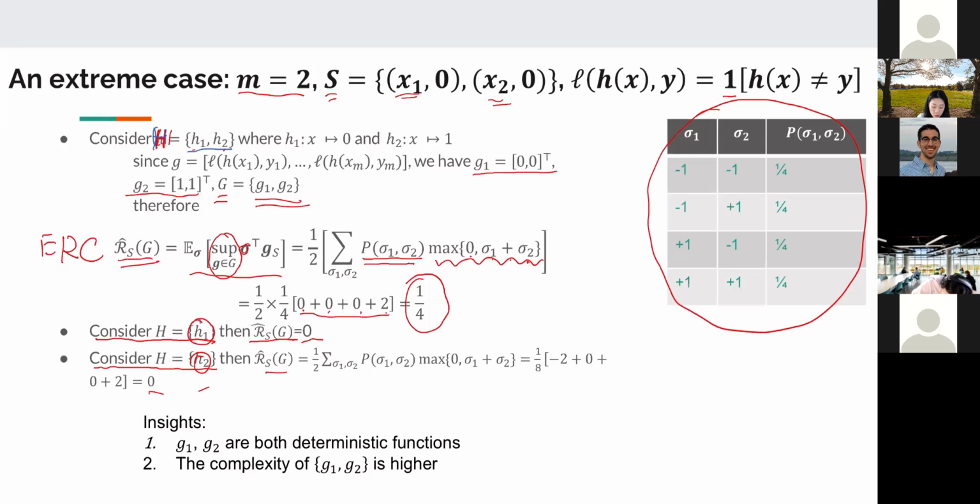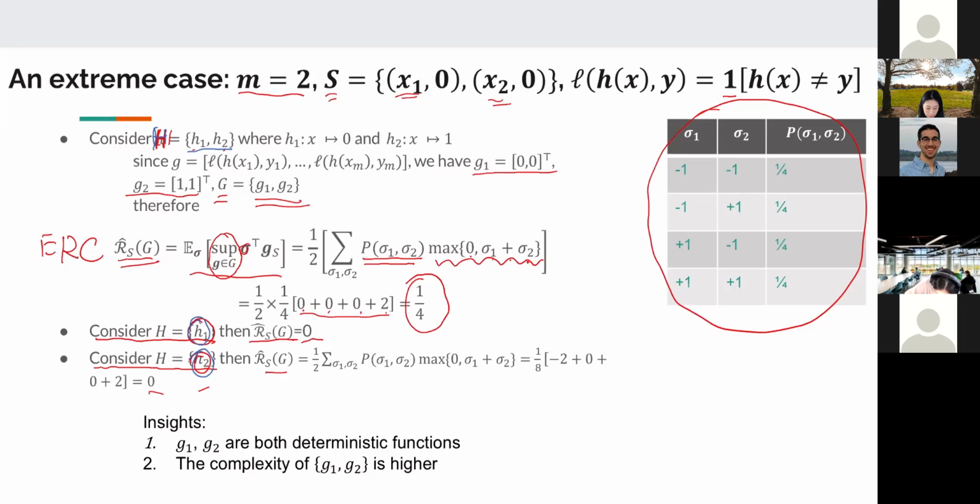Whereas if you have only one deterministic function, you get a 0 empirical Rademacher complexity. So basically this means that when you have a richer family of hypotheses, your Rademacher complexity and your empirical Rademacher complexity are likely to be higher. Okay. All right, so that's the end of today's lecture.